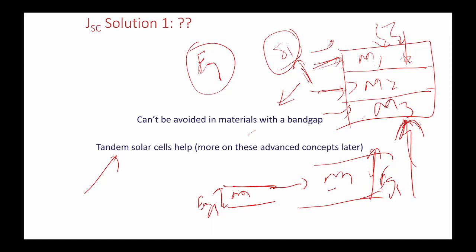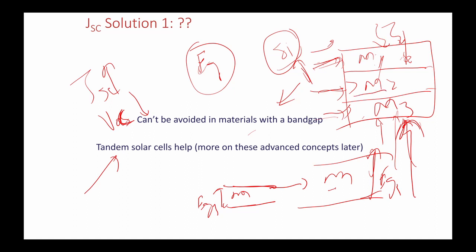So the light which we were supposed to absorb by M1 will be absorbed by M3 only. The current, JSC, will be more, but it is what we would get with M3 only. But VOC will be very low, corresponding to the band gap of the M3 material only. So there is no meaning in putting M1 and M2 in this case.